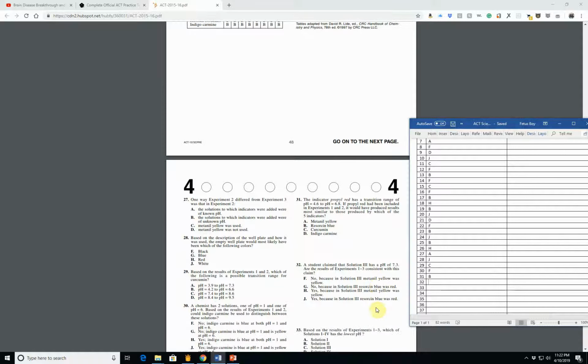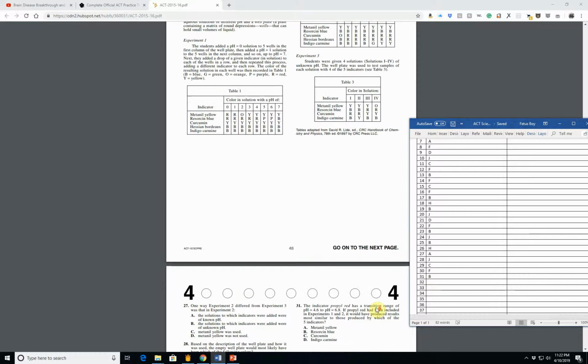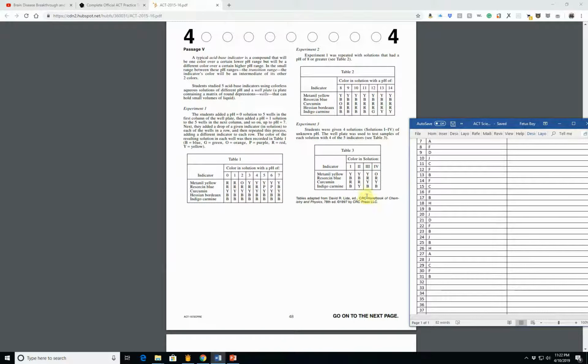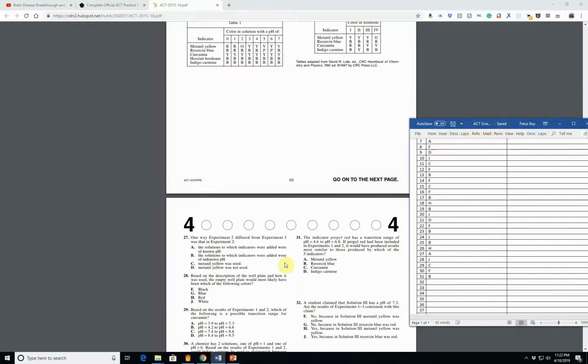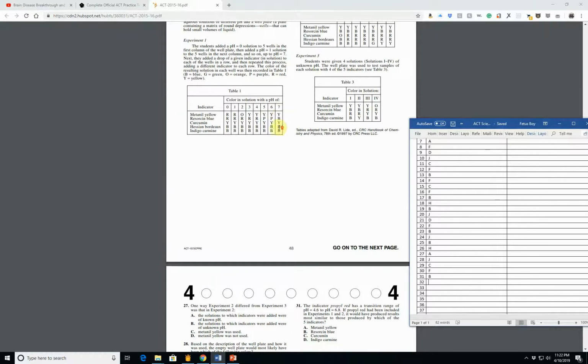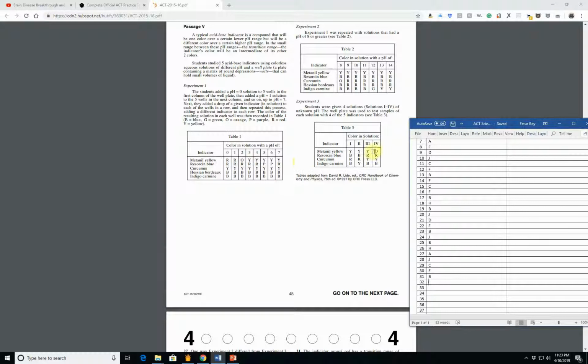A student claimed that solution 3 has a pH of 7.3. Are the results of solution 3 in experiments 1 through 3 consistent with this? Okay, it's yellow, and he says it's 7.3. Well, that would work for metanil yellow, yeah, that'd be yellow at that.